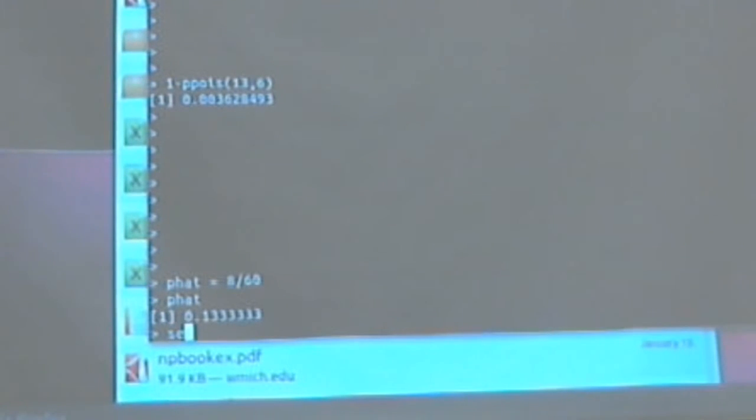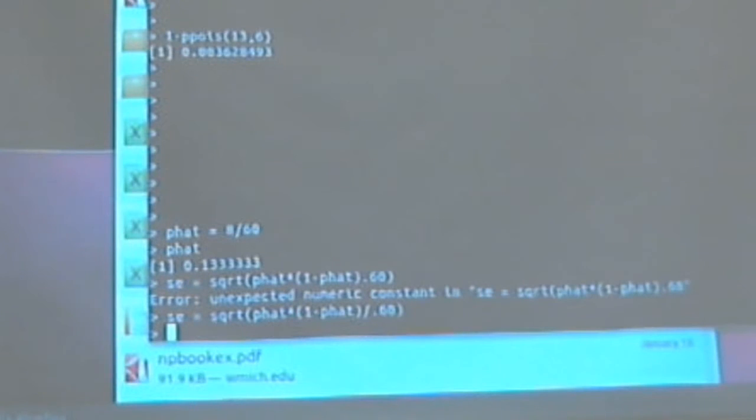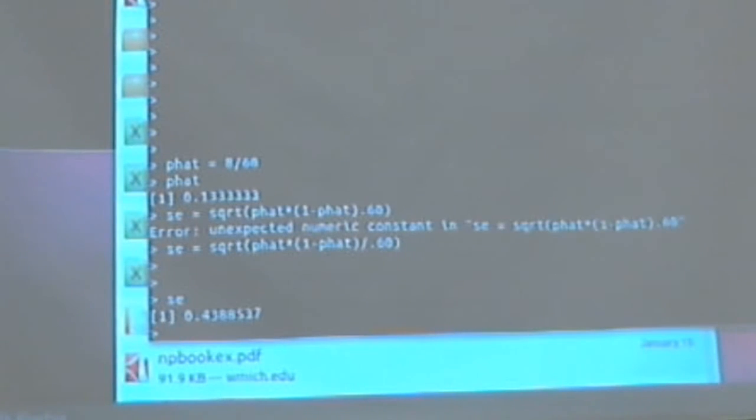Let's call it SE for standard error. So our standard error is point.